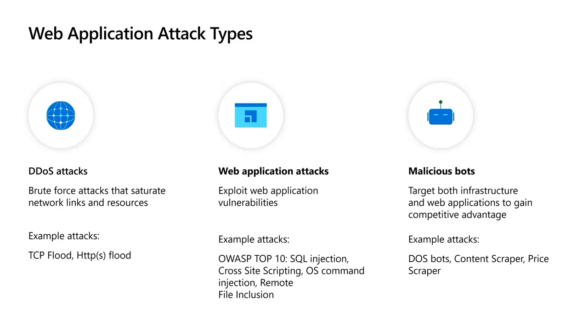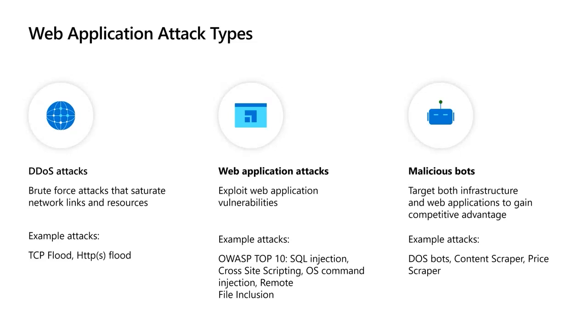And when we talk about layer 7 attacks or application attacks, we can think about HTTP or HTTPS flood attacks, which is also a high volume of HTTP and HTTPS requests to overwhelm your web server specifically, disrupting its normal functioning and making it unavailable for legitimate users.